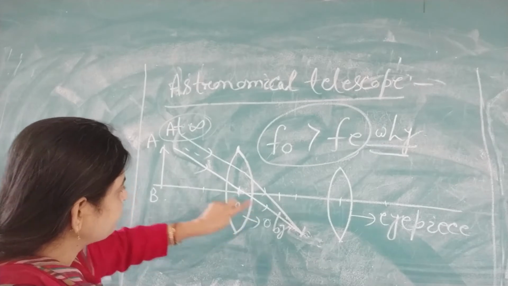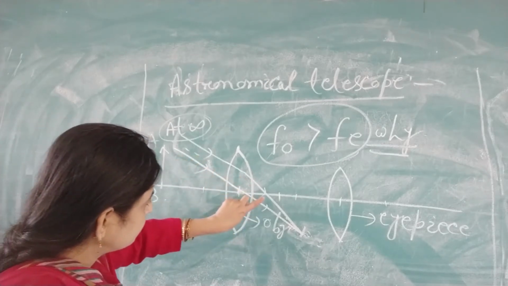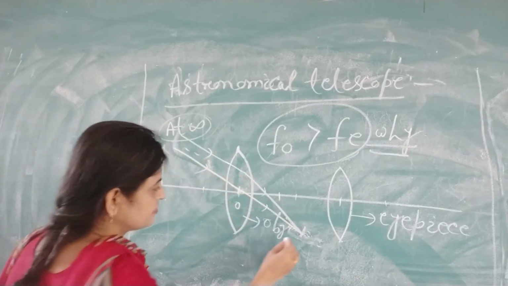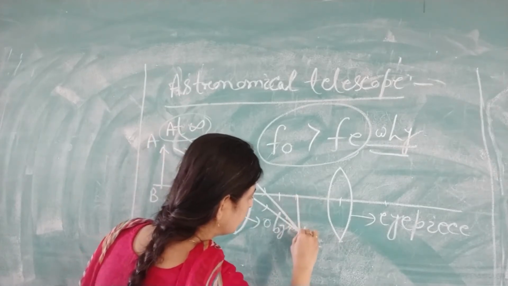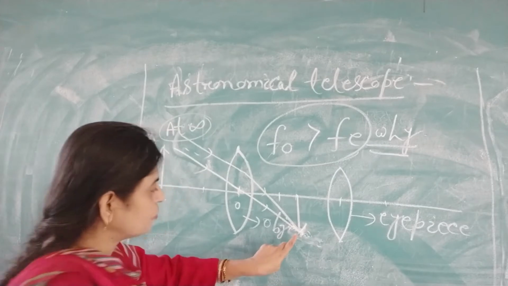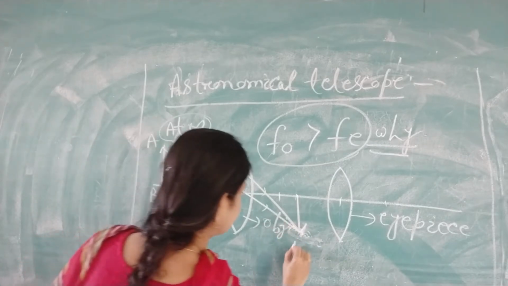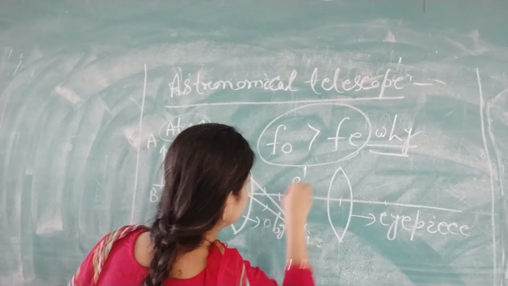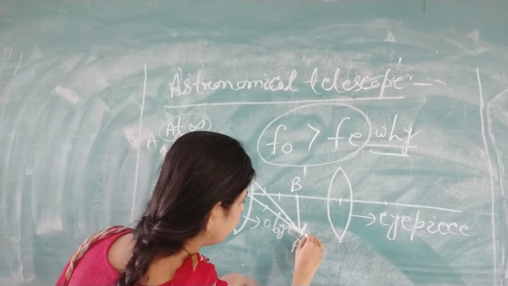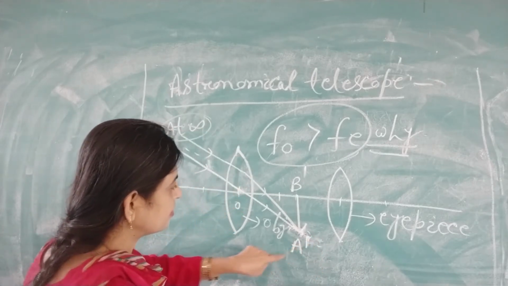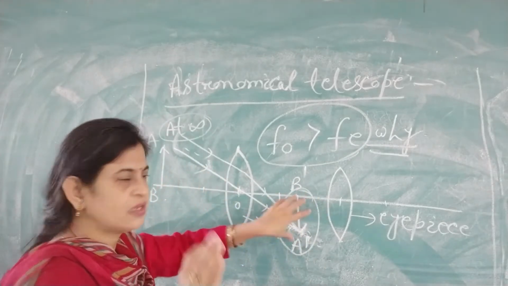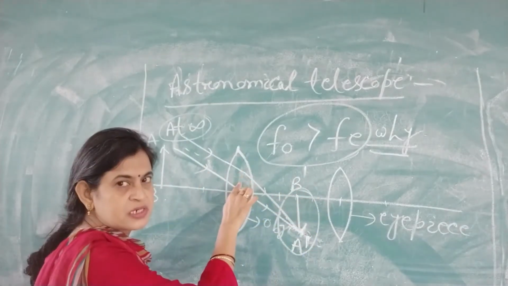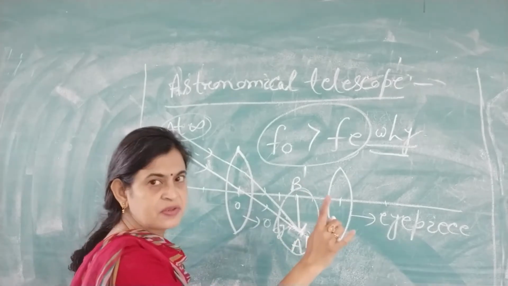That means the refracted rays are intersecting at this point, or in other words, at the point A dash the image is formed, and that image is only for the objective, not for the eyepiece.